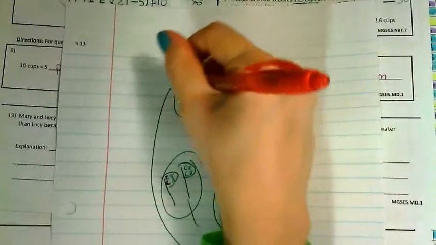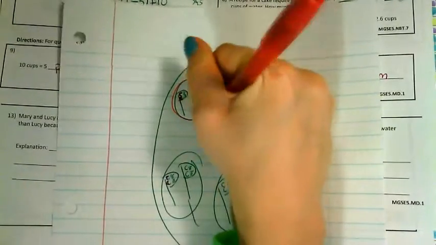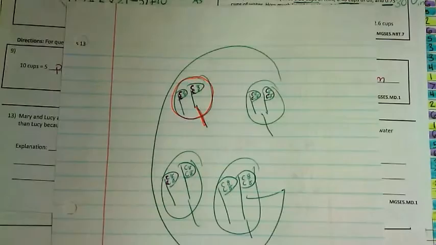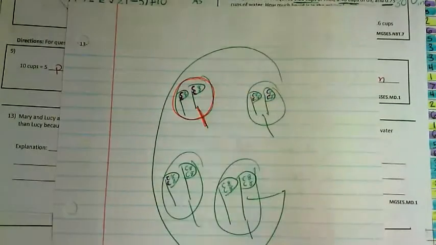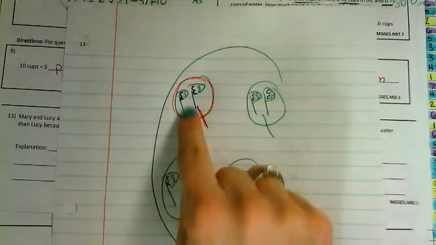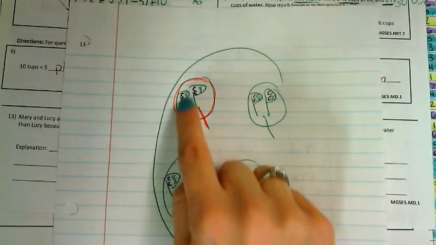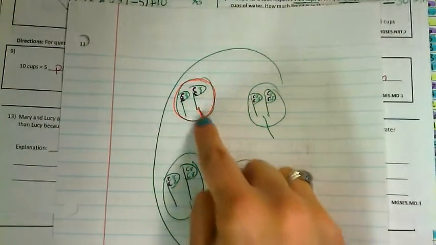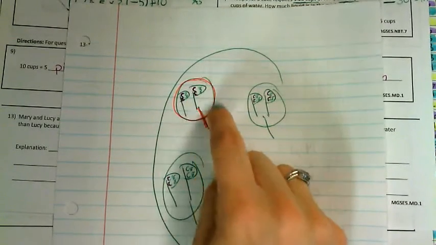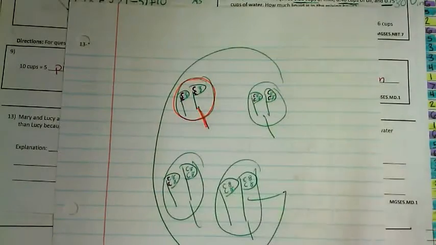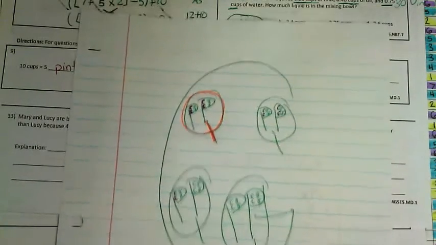She's pouring this right here. One of those. So Mary poured 4 cups. Lucy poured a quart. Well, wait a minute. If I'm using my land of gallon correctly, I can see that 4 cups equals a quart. So if Mary poured 4 cups and Lucy poured a quart, they poured the same amount of water.